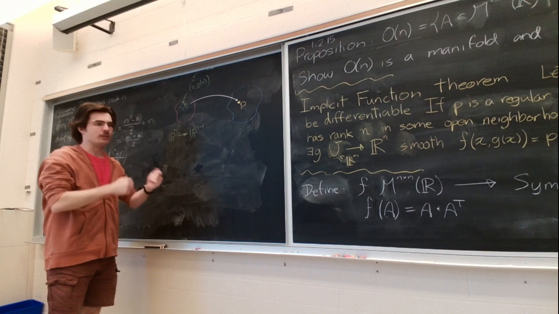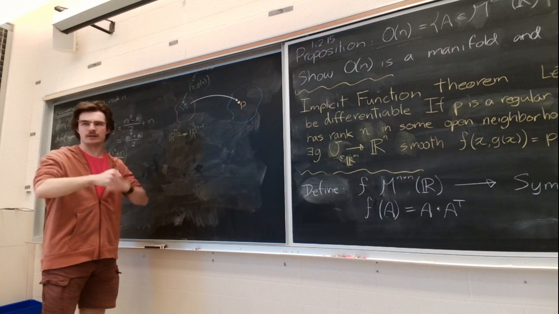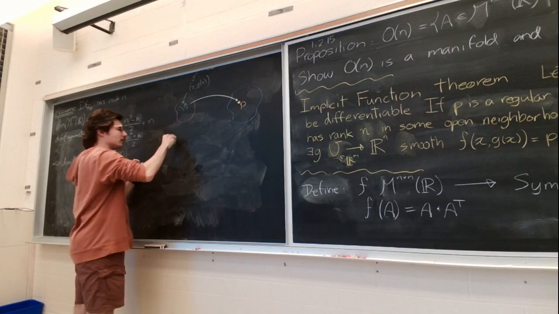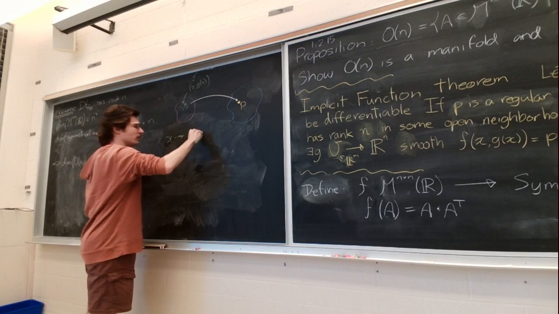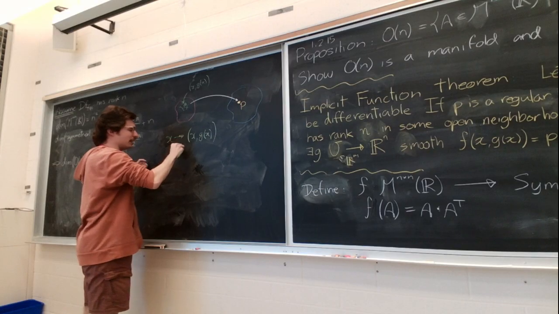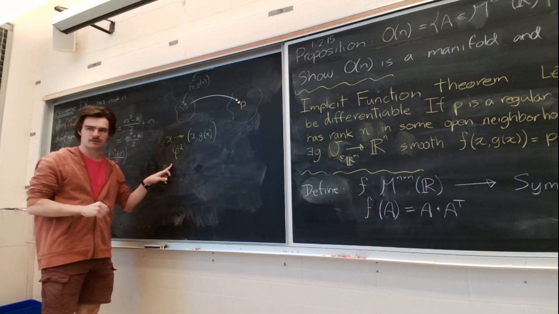And then I want to show that they're compatible in some way, right? So this x gets sent to x comma g of x. This should be the inverse of my coordinate chart.